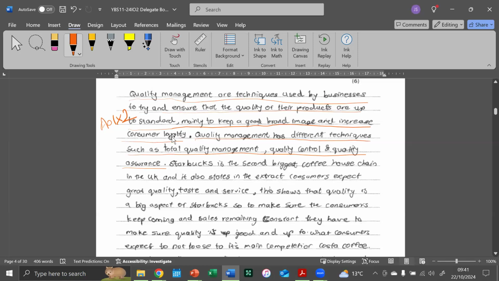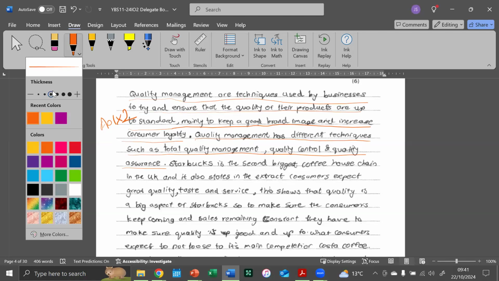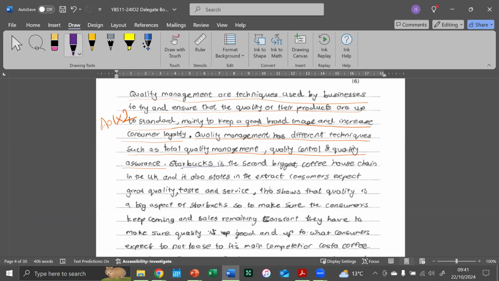Okay. And then I'm switching colour now. I'm going to move my pen up to a slightly thicker colour. Starbucks is the second biggest coffee house chain in the UK, and it also states in the extract, consumers expect great quality taste and service. Right, okay, so there's some AO2.